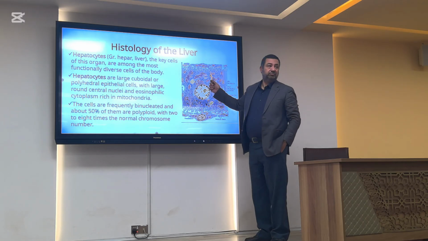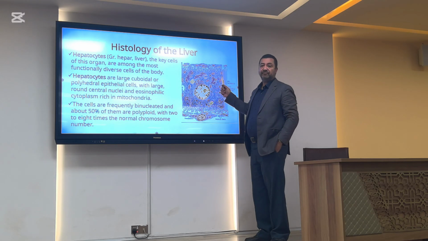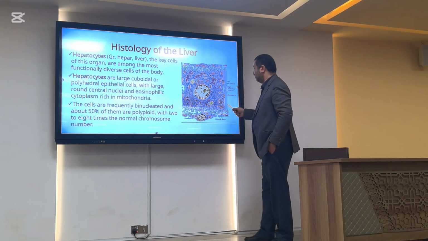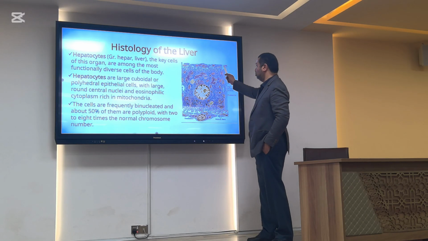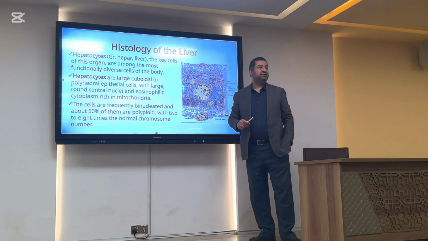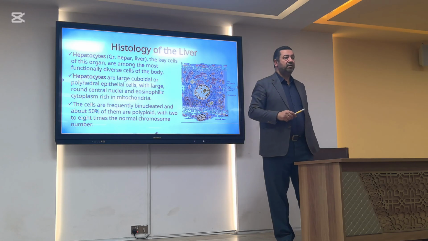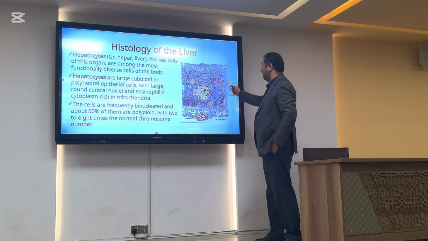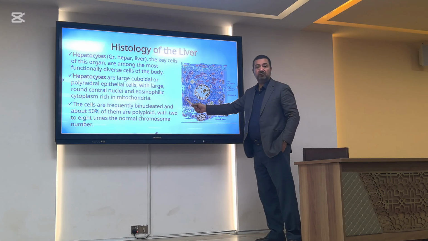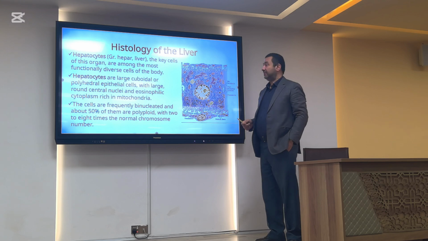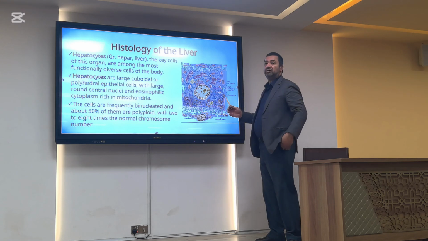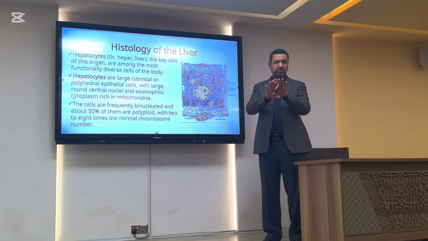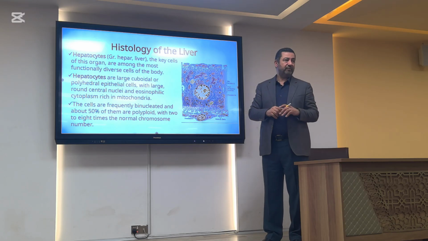I told you, hepatocyte is a large cuboidal cell with 1 or 2 nuclei and 6 surfaces. These surfaces have many microvilli, and lateral surfaces have attachment to neighboring hepatocytes, attached together.